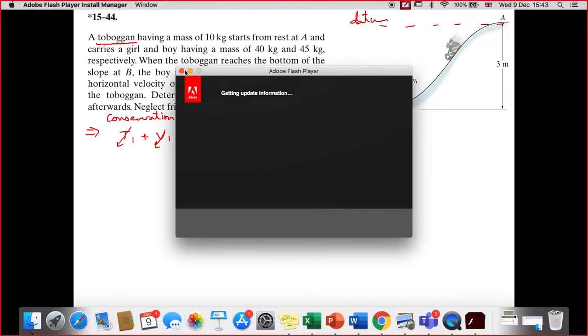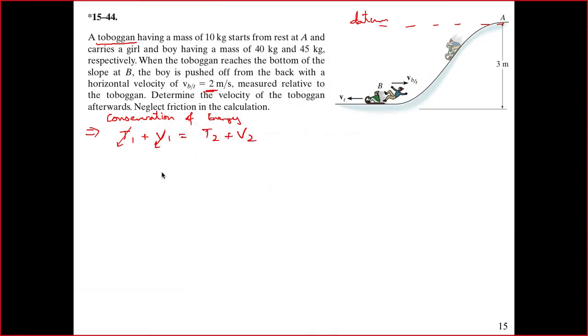Whereas my final kinetic energy is going to be half m v_B squared, and then there was a decrease in the potential energy from my datum. So minus mg times the decreased distance, which is 3, equals 0.